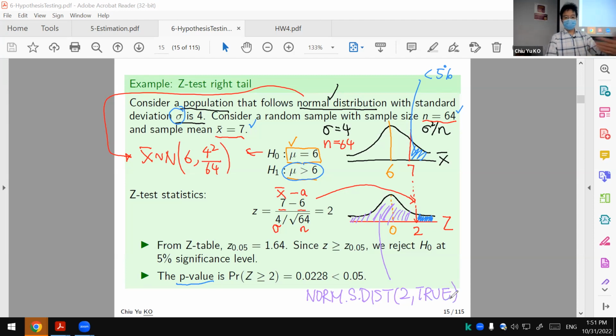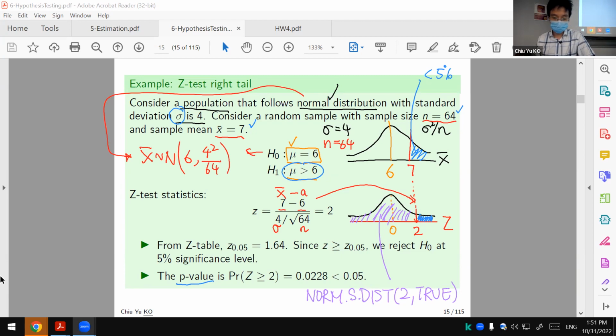And the red will be 1 minus this guy, because the area left and right add up to 1. Is that clear? Because Excel always keeps the area to the left, you just have to subtract it from 1 because left and right is equal to 1. Is that clear? So let's actually do it in Excel.